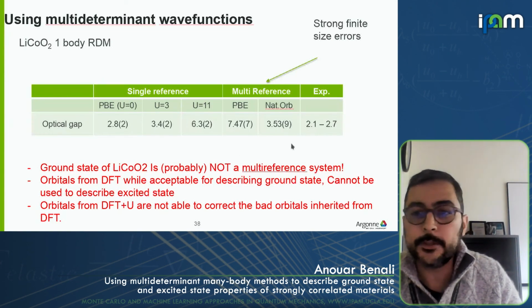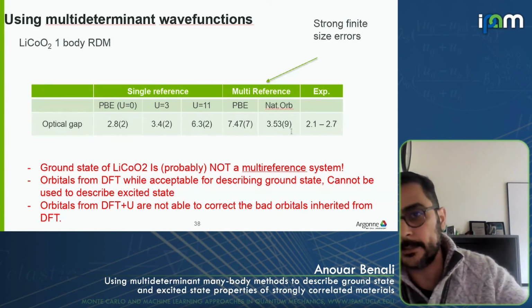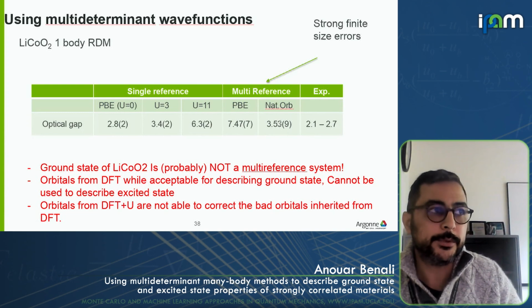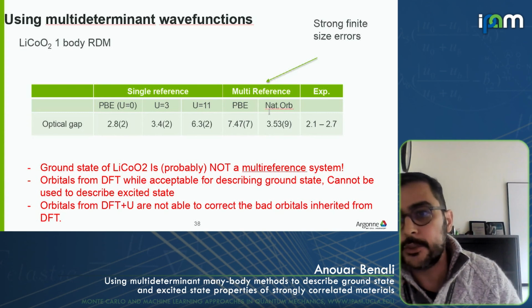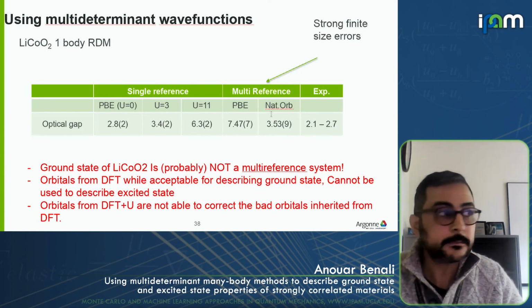When we use now these natural orbitals to do the band gap using diffusion Monte Carlo, so we inject these determinants in diffusion Monte Carlo, now we are significantly closer to the experimental value, and the remaining error that is here is just due to the finite size effect, because we started from a primitive cell of 3 cells instead of going to larger cell.